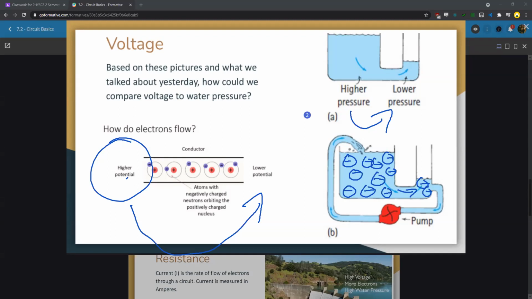Again, water goes from high pressure to low pressure, and electrons behave the same way. Because there is a potential difference, right? There is a difference in potentials, which is why you have a flow of electrons in the first place, which is why electrons are moving, which is why you have electricity.